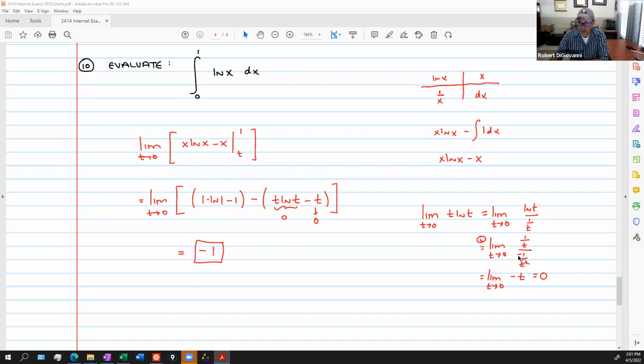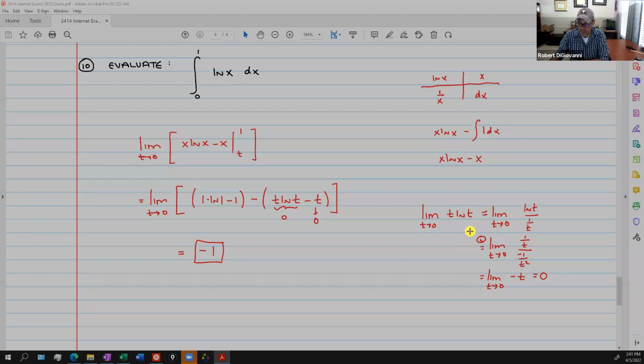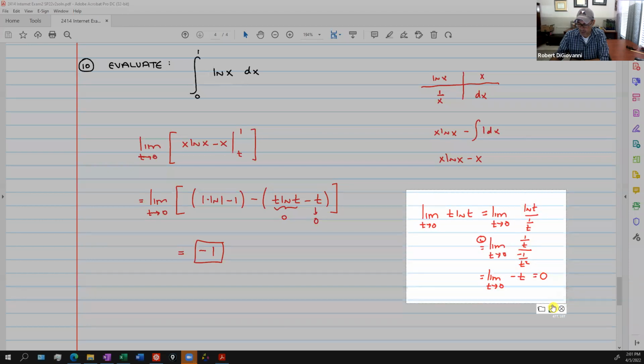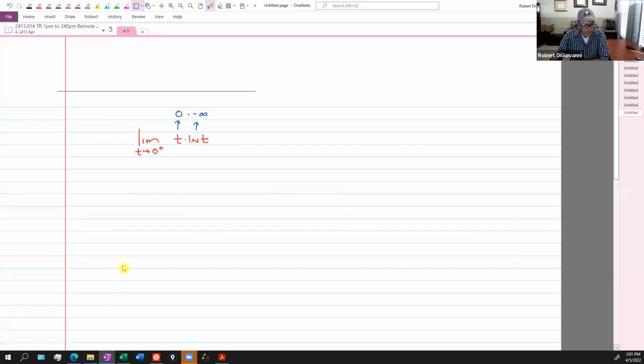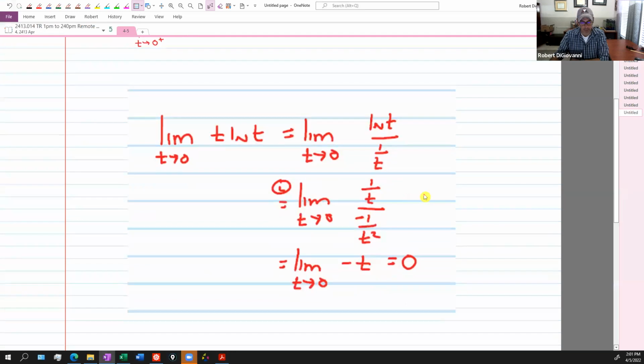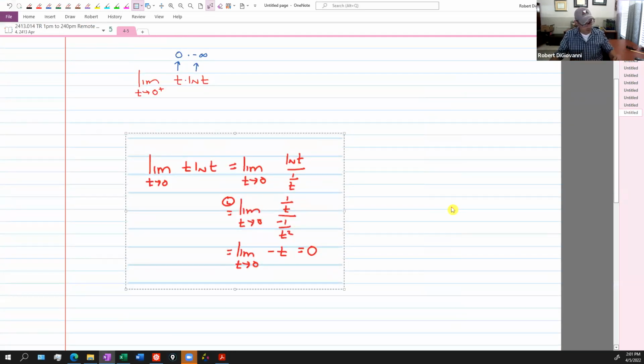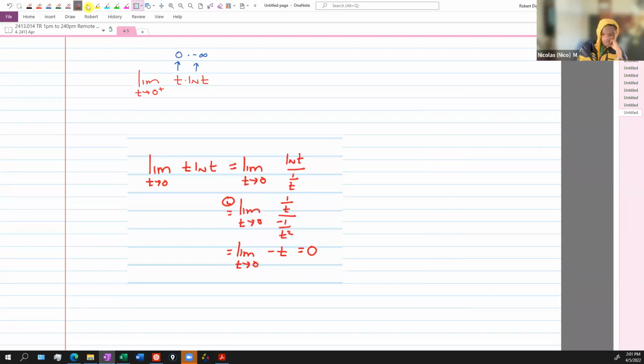What did I do from this step to here? You flip it and you cancel the t. That's right. I flipped it.